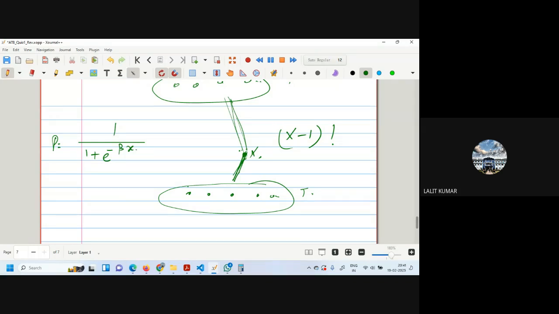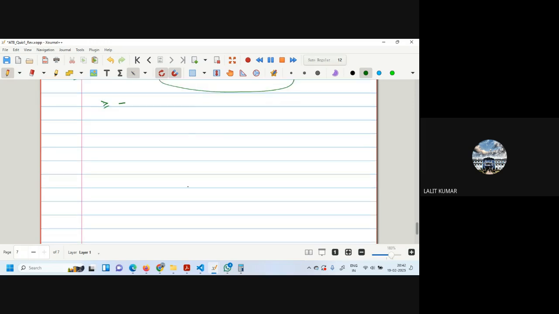So this beta x term, if it goes above somewhere 6 to 7, then this value becomes 0. And if this beta x becomes negative, or it becomes minus infinity, then this value becomes 0 and the probability is 1, because logistic regression is non-linear.